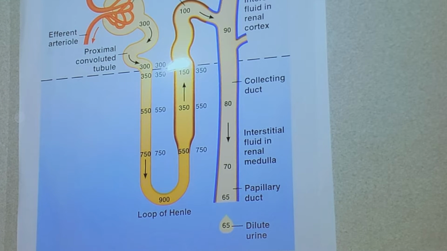Okay, so what do we actually see as the 300 as opposed to 350 or 550 or whatever the numbers are, or 900 at the loop where it has the hairpin turn of the loop of Henle? You're looking at the concentration of the solute, the amount of the particles, basically.